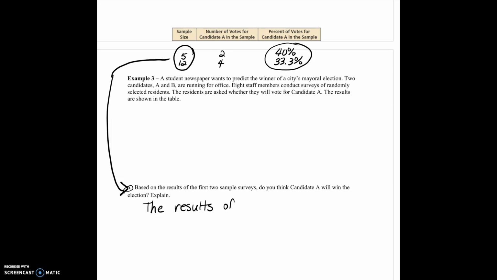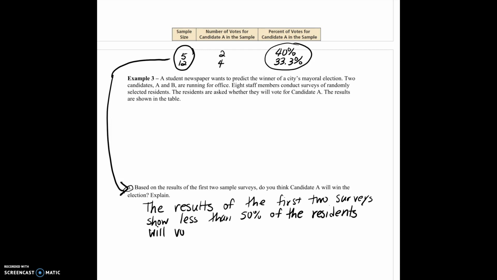The results of the first 2 surveys show less than 50% of the residents will vote for candidate A. So based on those surveys only, it seems, this is a good phrase to always use, it seems that candidate A will not win the election.